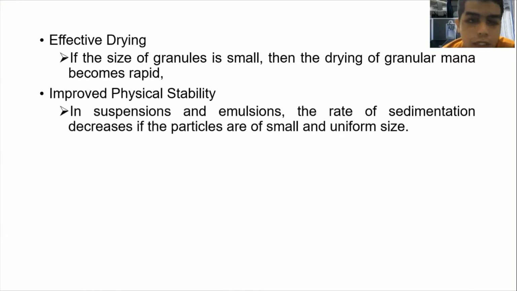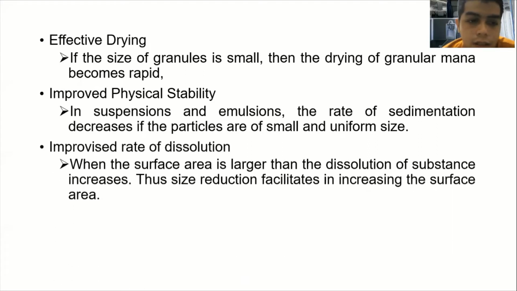Improve physical stability in suspensions and emulsions. The rate of sedimentation decreases if the particles are small and uniform in size. Improved rate of dissolution: when the surface area is larger, the dissolution of a substance increases. Thus, size reduction facilitates increasing the surface area.